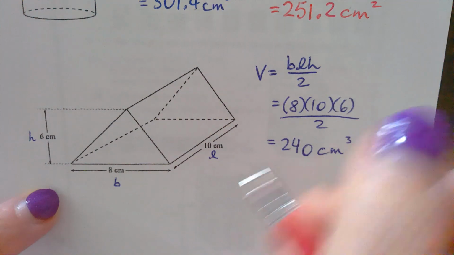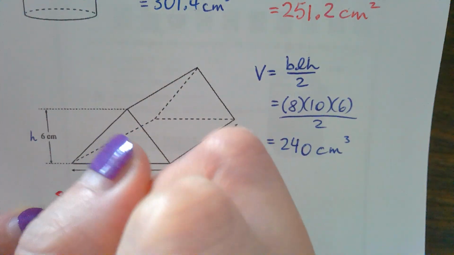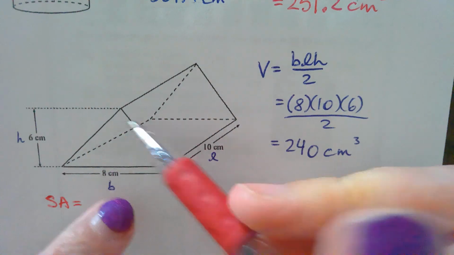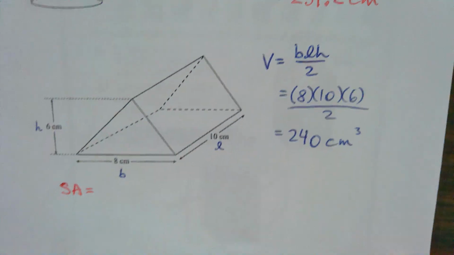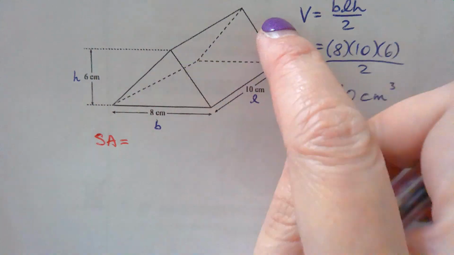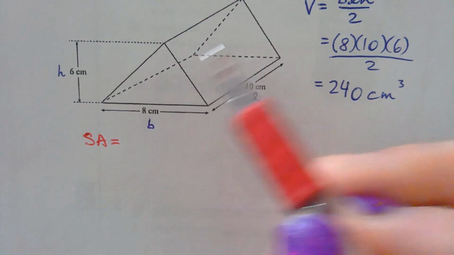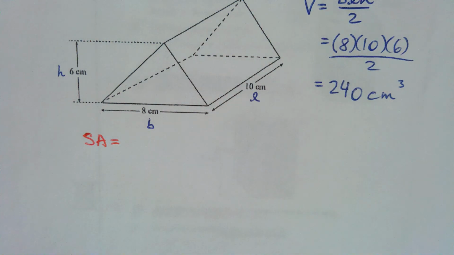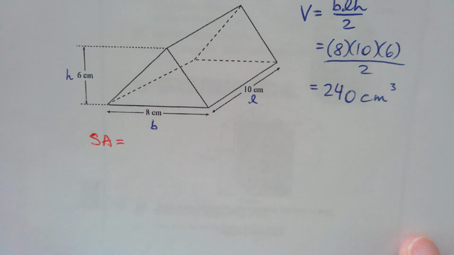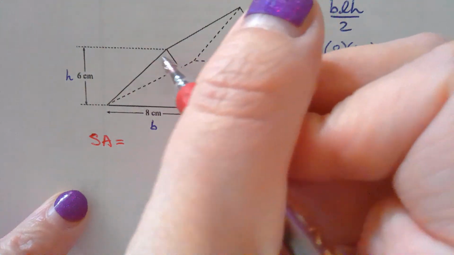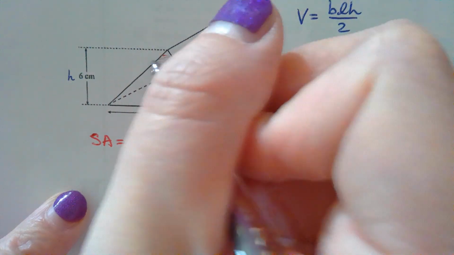Surface area is calculating the area of each of the sides. So if I can calculate each of the sides and then add it up together, I'll get the answer. 1, 2, 3, 4, 5. There's 5 surfaces.